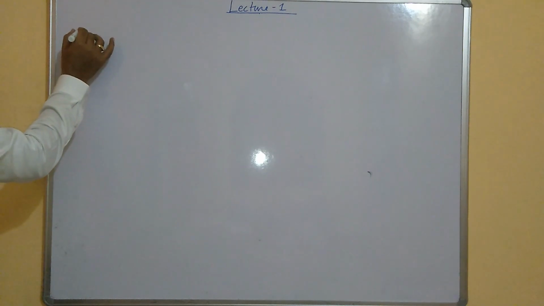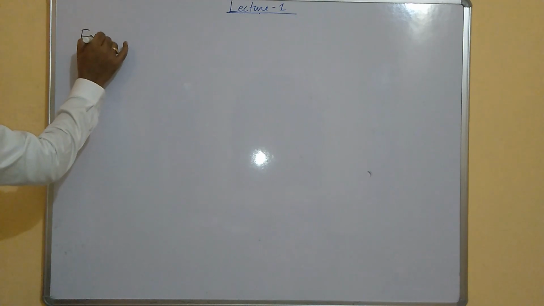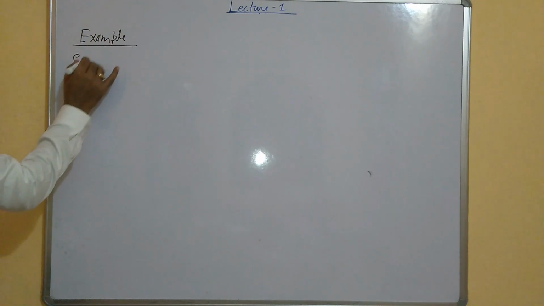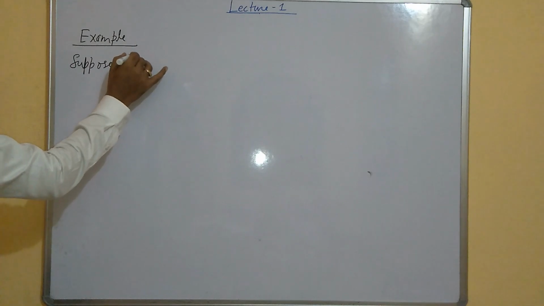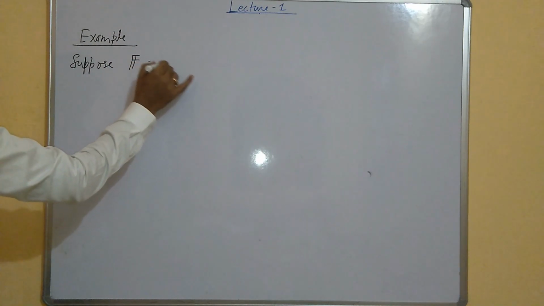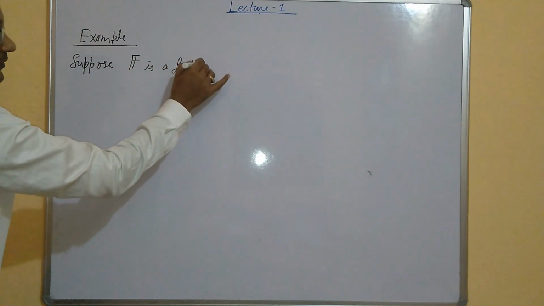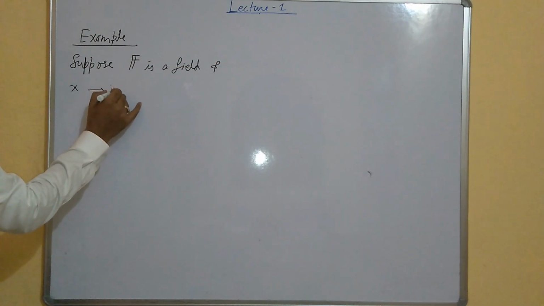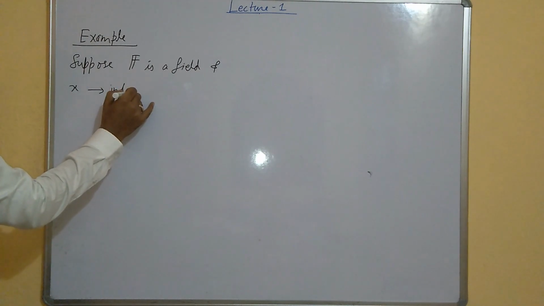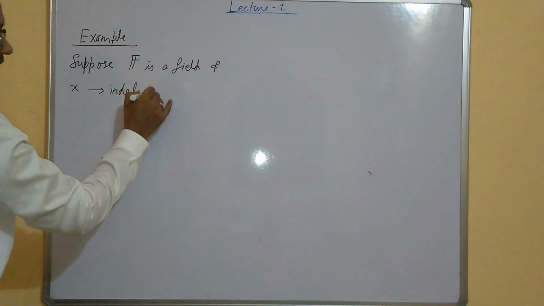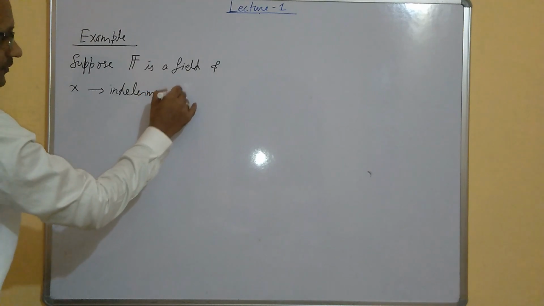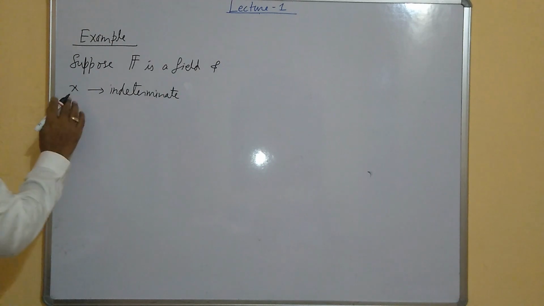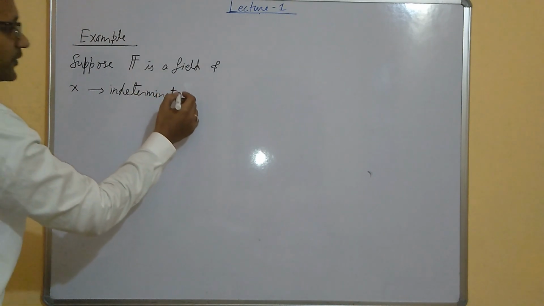Now come to the next example. Suppose F is a field and x is an indeterminate, means x is an unknown.